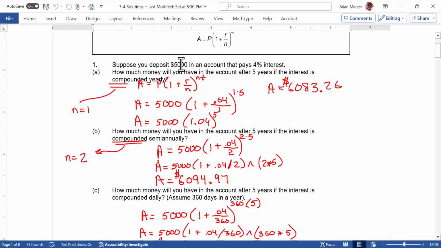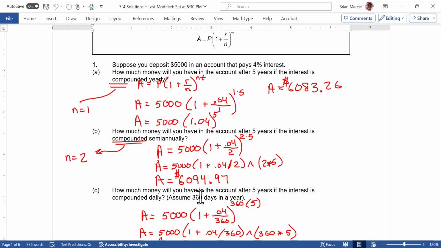If you have $5,000 in an account that pays 4% interest, how much will you have in the account at 5 years if interest is compounded yearly? So if it's compounded yearly, that means n is 1. That's the number of compoundings per year. Notice the next problem, compounded semi-annually, that means n is 2. If it's compounded daily, we'll either assume that it's 360 or 365, and I mentioned this in another video.